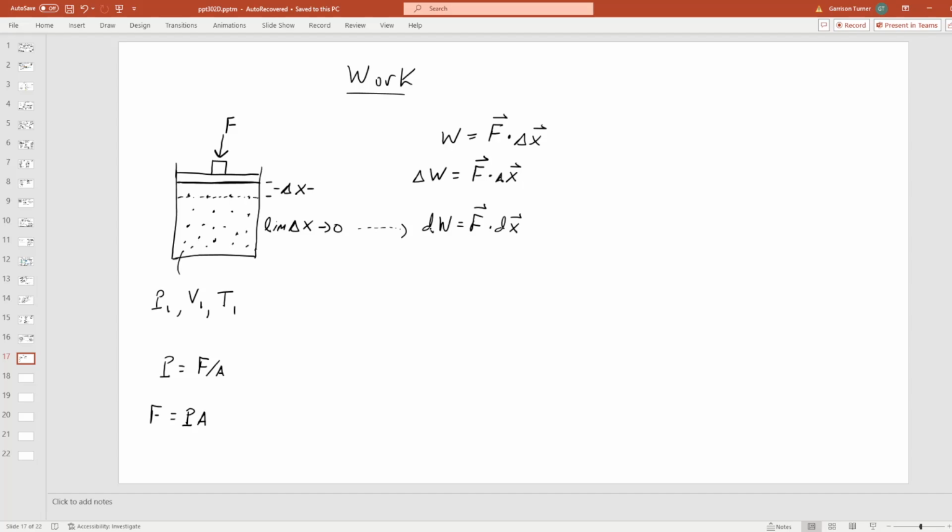And by the way, the only direction of force that has a component that can allow the piston to move is in the downward direction. So that allows the dot product to go to 1, right? The cosine of the angle between F and dx becomes 1. And so we can write this as F dx, and inserting our pressure and our area.